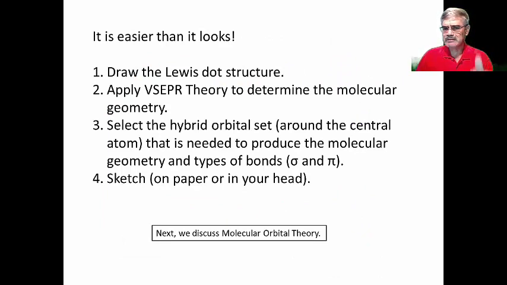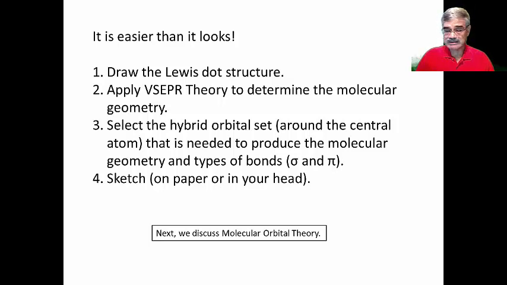You always begin by drawing the Lewis dot structure. And then you use VSEPR theory and you count the number of electron pairs, electron structural pairs, to determine the molecular geometry, whether it's going to be linear, trigonal planar, tetrahedral, trigonal bipyramidal, or octahedral. Then you select the hybrid orbital set that must have been used by the central atom to form that geometry.